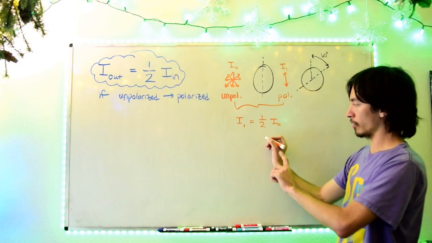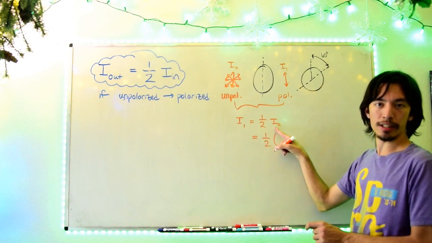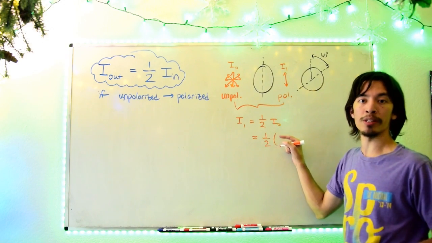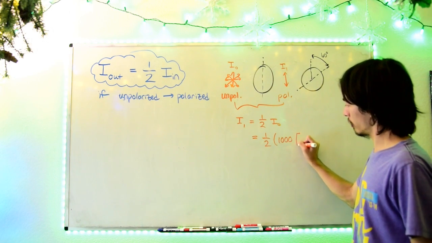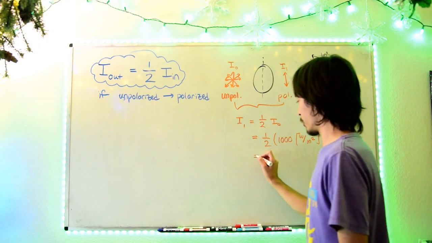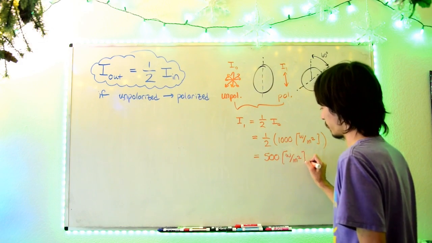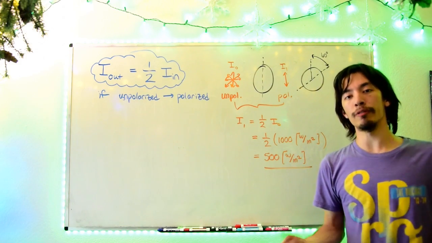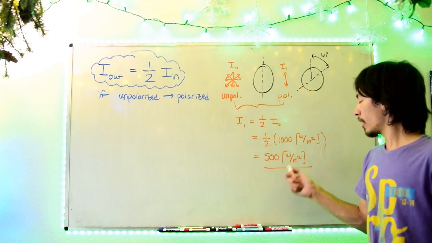There's two things you can do. You can either, one, plug in the value of your intensity, which we said initially it was 1,000 watts per square meter. So 1,000 watts per square meter. Okay? And the answer you get is that it's 500 watts per square meter. That's one thing I could have asked you here, one thing you could be asked on the exam.